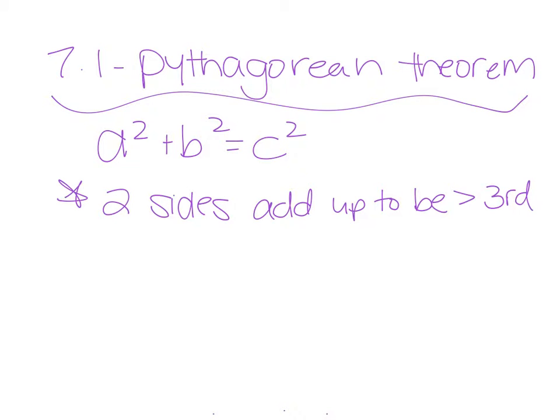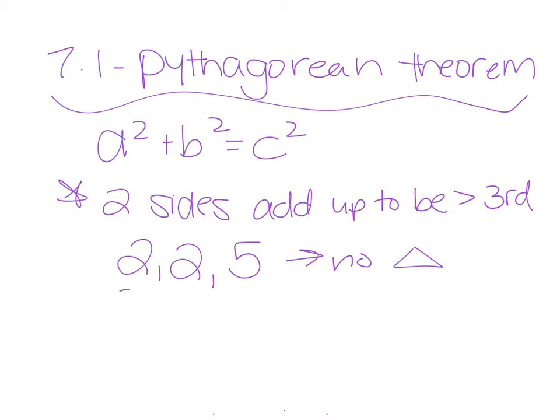So if I have the side lengths 2, 2, and 5, this can't even form a triangle. If I gave you three little strings and one was 2 inches, the other was 2 inches, and one was 5 inches, there would be no way to connect them endpoint to endpoint. You can't do it. Physically impossible. So in this case, there would be no triangle.